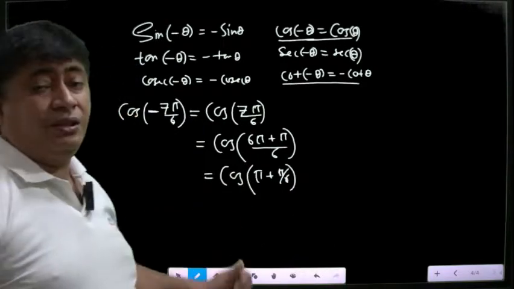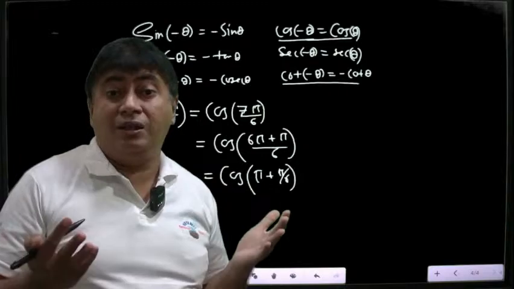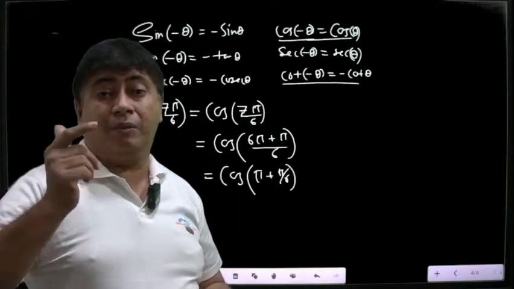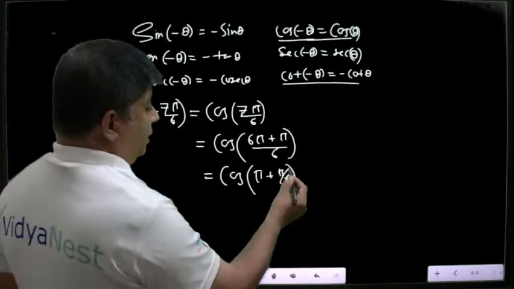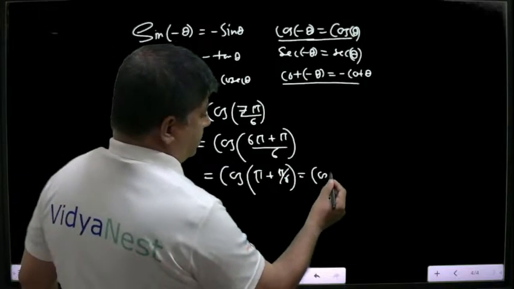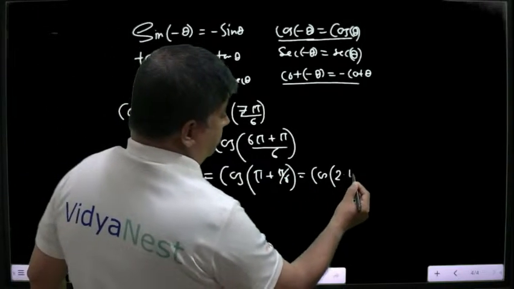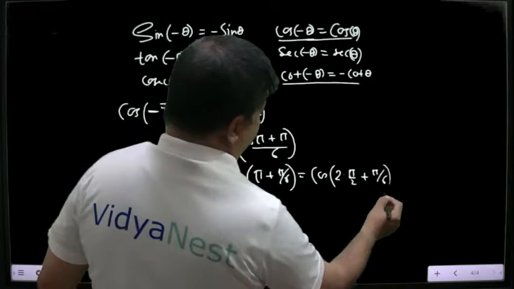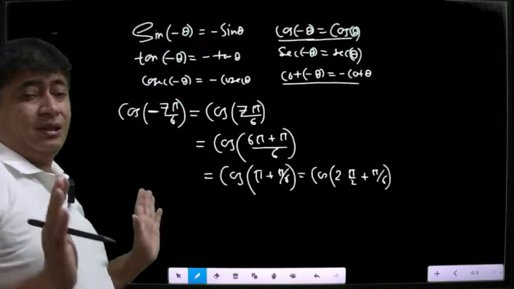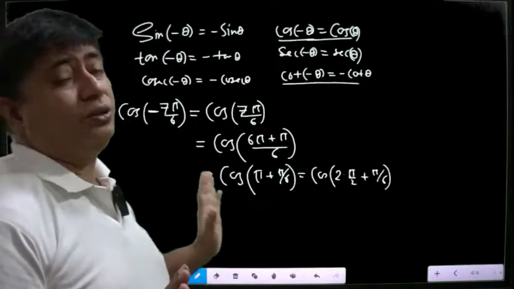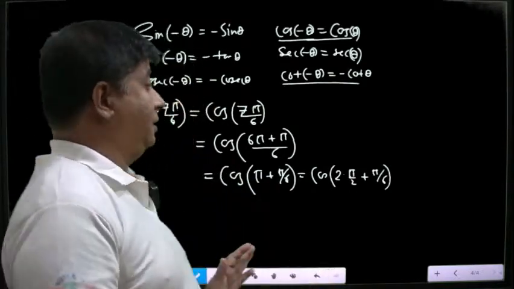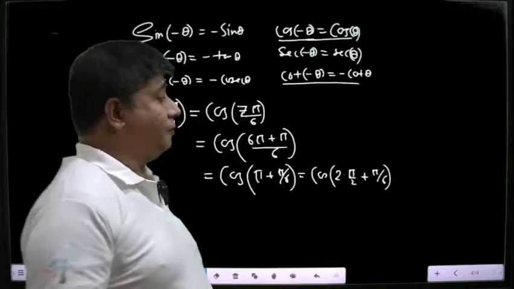Now pi means what multiple of pi by 2? Look, cos of 2 into pi by 2 plus pi by 6. And as we discussed earlier, first we have to judge in which quadrant it lies: first, second, third or fourth?